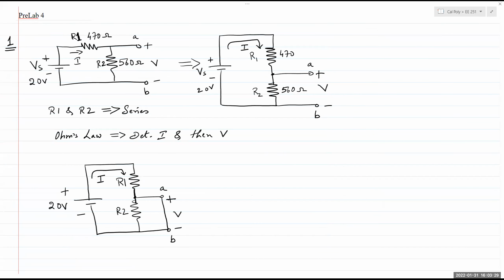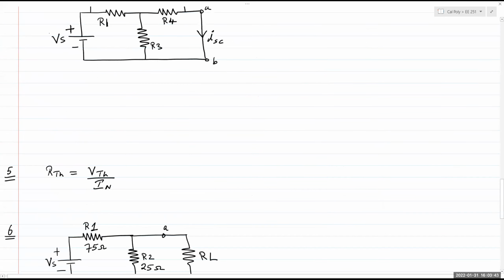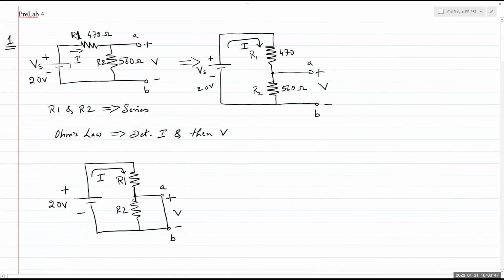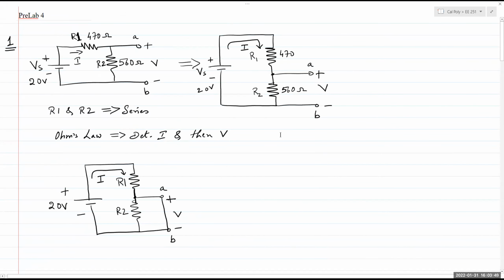All right. So PreLab 4, as I was mentioning, has 6 questions. The first one right here, you're asked to calculate the voltage V at the output on the right. Now what I've done is I've just drawn the schematic a little bit differently on the right.